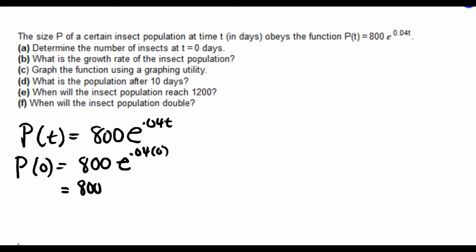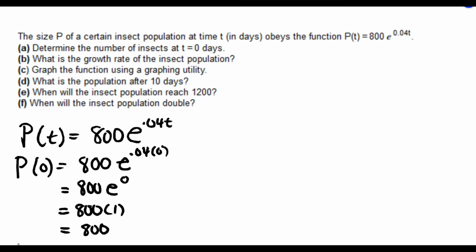That's 800 e to the 0, because 0.04 times 0 is 0. E to the 0 is 1, and 800 times 1 is 800. So the initial population of insects, or the number of insects at t equals 0 days, is 800.